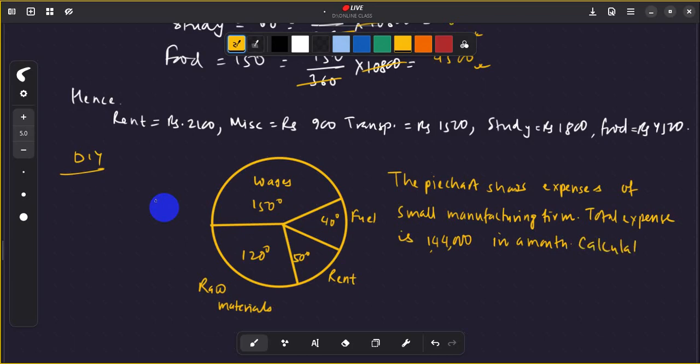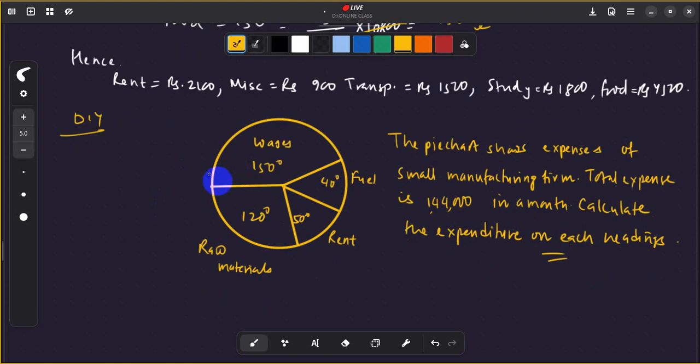Calculate the expenditure on each heading. Do it by yourself now. The process is same as the previous question. Wages 150, fuel 40 degrees, rent 50 degrees, raw materials 120 degrees.